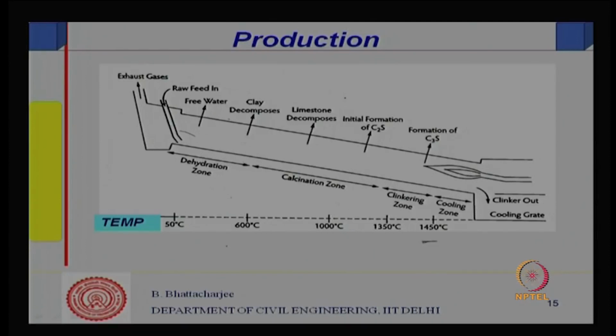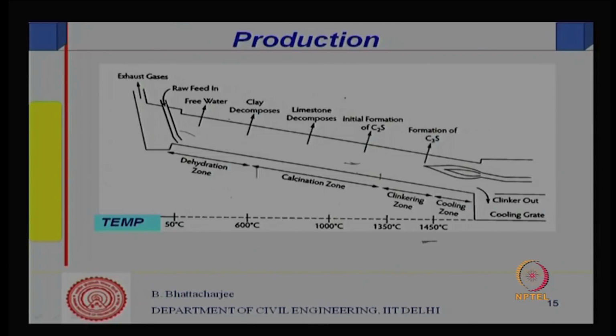So, it rotates. At 600 degree centigrade, clay will decompose, then limestone decomposes. The calcination of the limestone will take place within this zone of 600 to about 1200 or 1300 degree centigrade, and this decomposition of limestone results in carbon dioxide, which will go away with the exhaust gas.